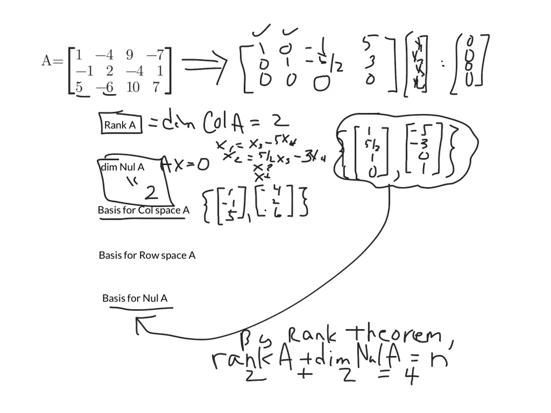Okay. And that leaves us looking for the basis for the row space. It's very similar to the column space. We're just looking for the linearly independent rows.